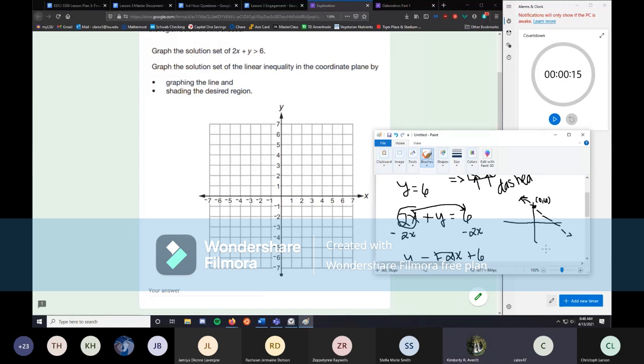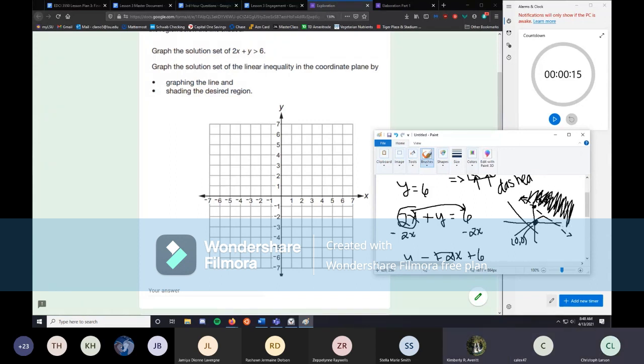Okay, so if we use the point (0, 0), like if we plug (0, 0) into the inequality, we just have 0 greater than 6, but that'll be false in this case. Therefore, we have to shade it to the right in this case.